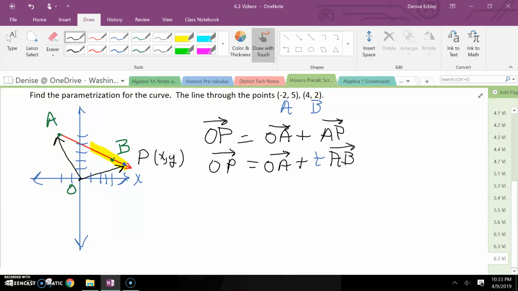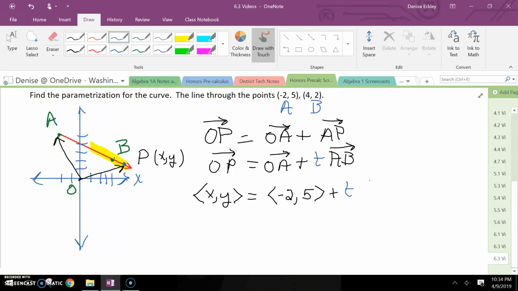Now it's just a matter of finding the components of these vectors. So my x, y, which will be my parametric equations, can be written in terms of vector OA, and O is at the origin, so the components of OA will just be the same as the coordinates of point A, and I'm going to be adding to that some scalar value times the vector AB.